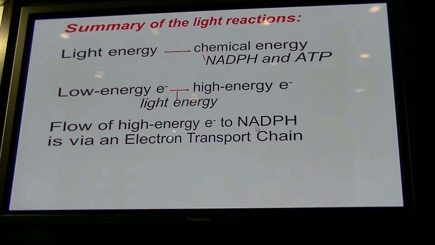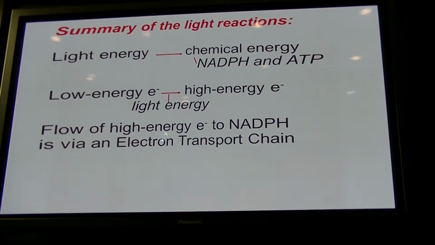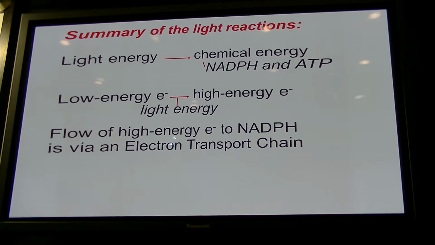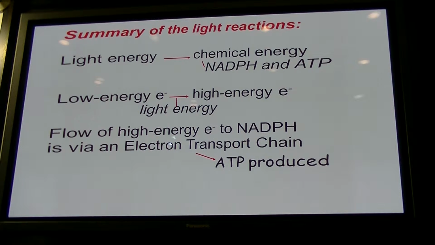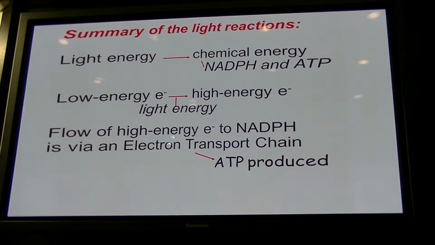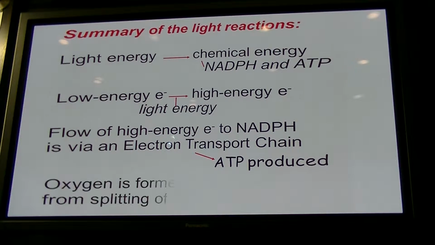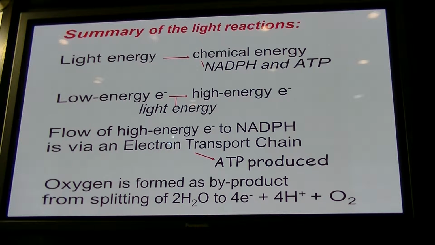The flow of electrons to NADPH is via an electron transport chain. The electron transport chain drives the proton gradient, which drives ATP formation. Okay? The summary of the light reactions. The oxygen that is formed is just a byproduct of photosynthesis. It comes from the splitting of water.